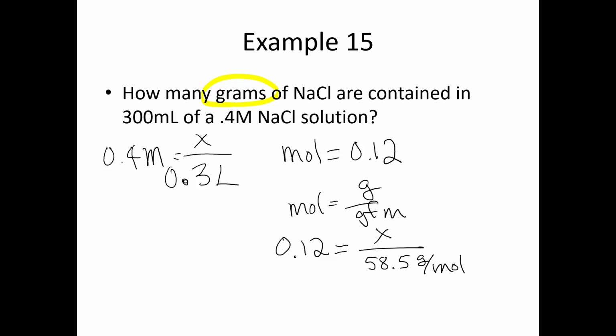So to solve this, we will take 0.12 and multiply that by 58.5, and that gives us a number of grams of 7.02. So our grams are 7.02 grams.